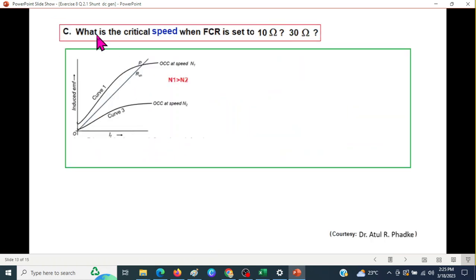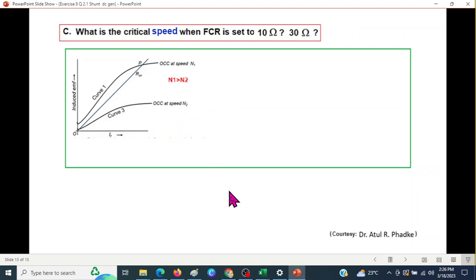Then what is the critical speed when the FCR is set to 10 and 30? Now, let's say this is our resistance line. This was our OCC. So any curve below this will be a low speed curve, so this one N1 is greater than N2.